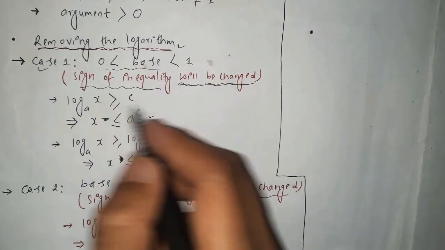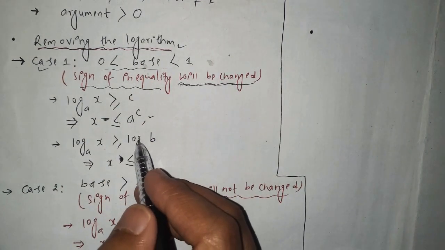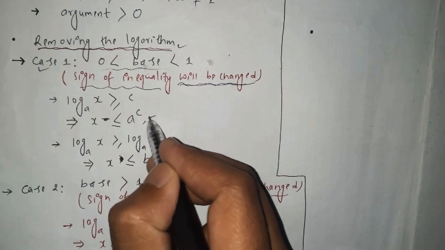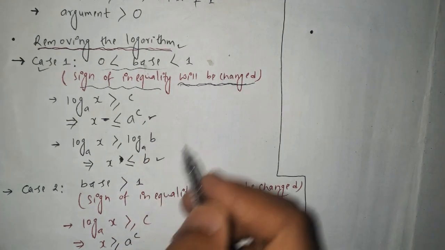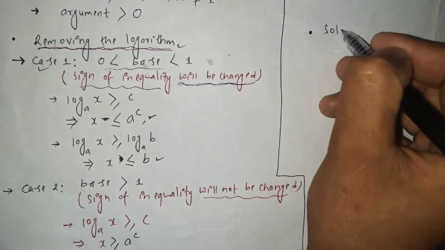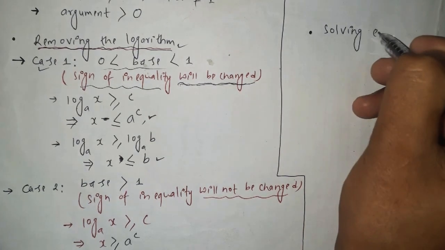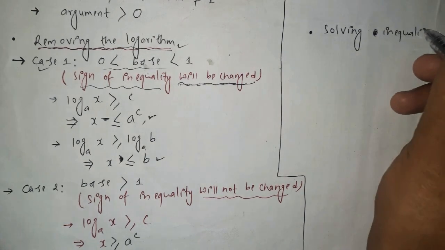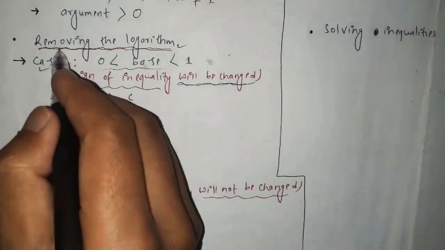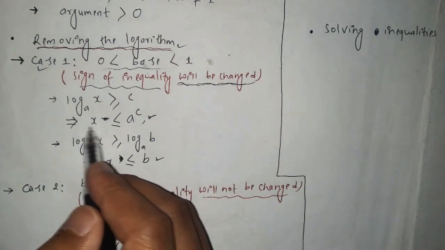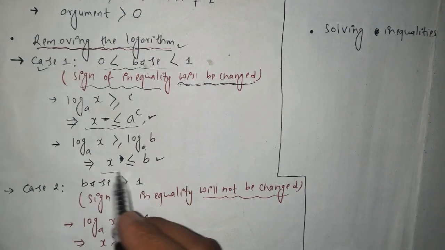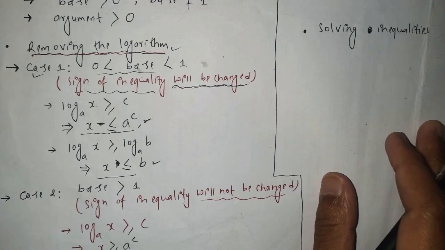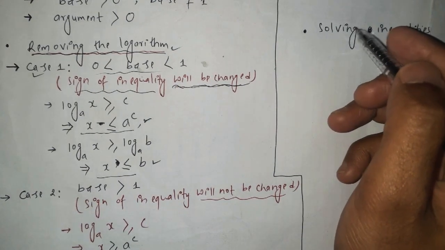After removing the logarithm, we will get the inequality, and then the third step is solving the obtained inequalities. And this is the third step.